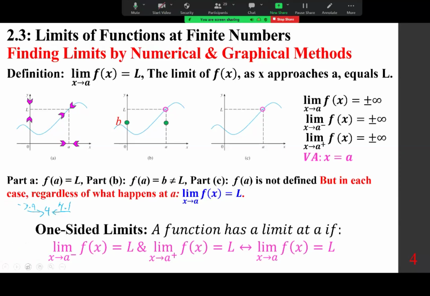If you're looking at, let's say, negative 4, the left side is like negative 4.1 and the right side is like negative 3.9, very close to negative 4, both of them negative. The only number where the left side is negative and the right side is positive is 0, and that's when we are going to be careful as we move on with this concept.